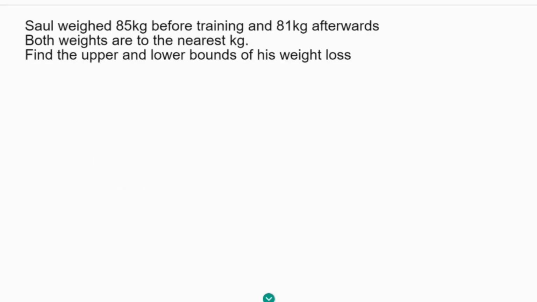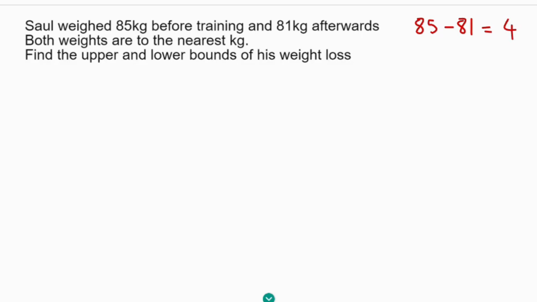So Saul weighed 85 kilograms before training, 81 kilograms after, both weights to the nearest kilogram. Find the upper bounds and lower bounds for his weight loss. If this was not an upper bounds and lower bounds question, to get the weight loss, we would just do 85 minus 81, which is 4 kilograms, right?